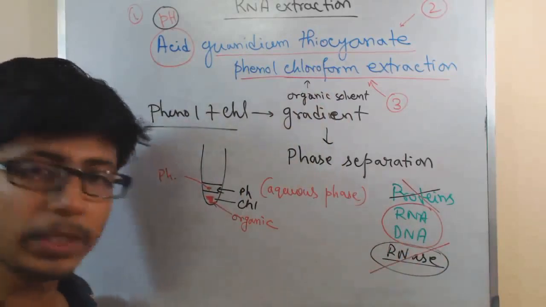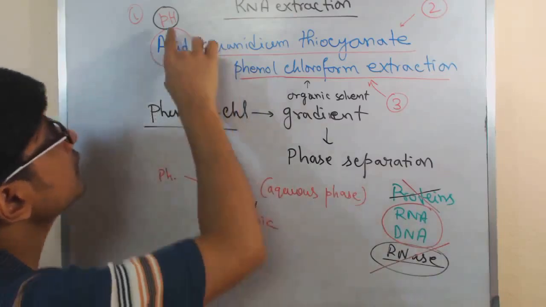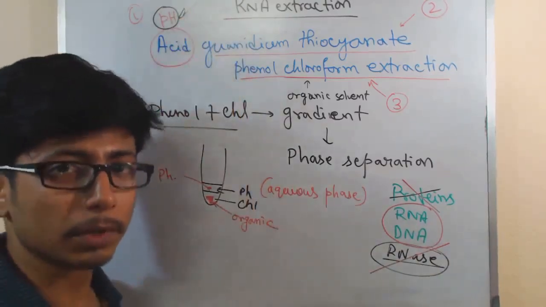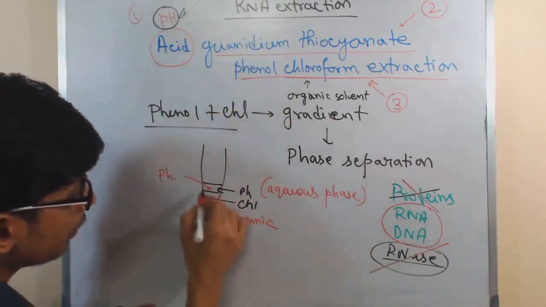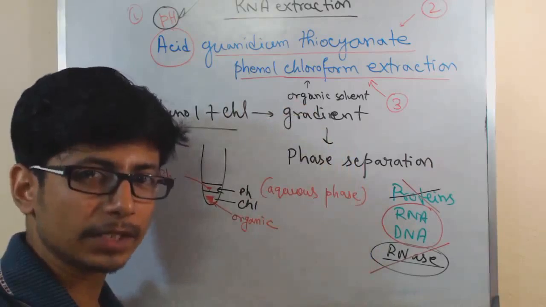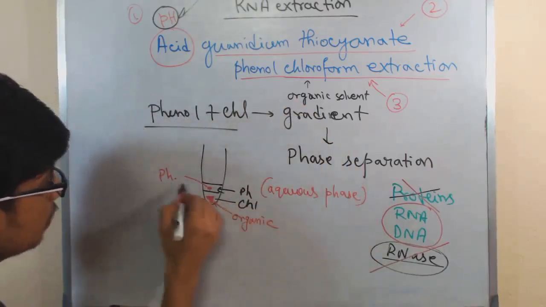Now what we need is to separate this RNA from DNA, and that is usually done using this pH gradient. That's very, very important, because remember, we know there are two different phases, aqueous phase and organic phase, right?